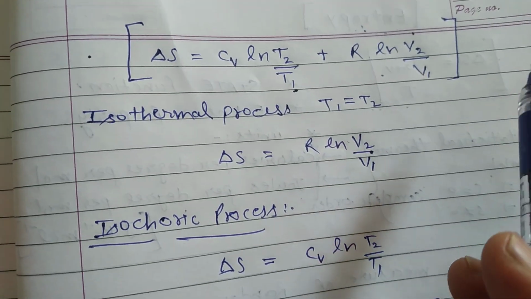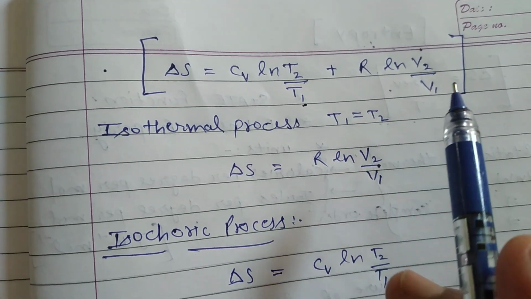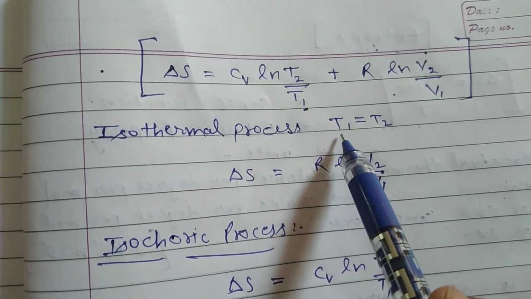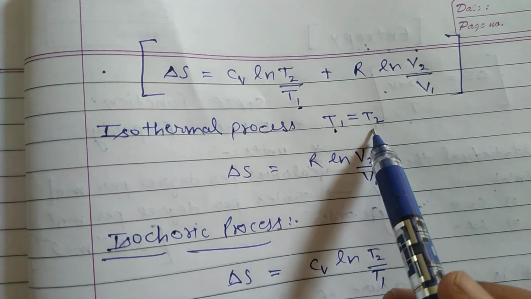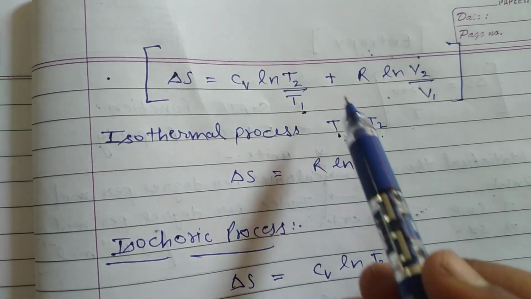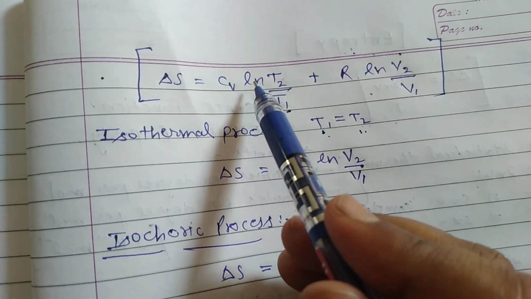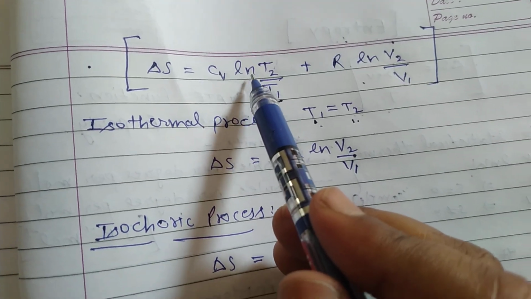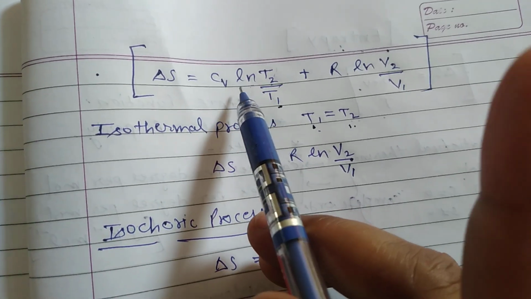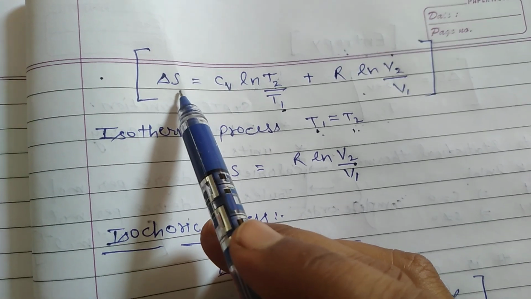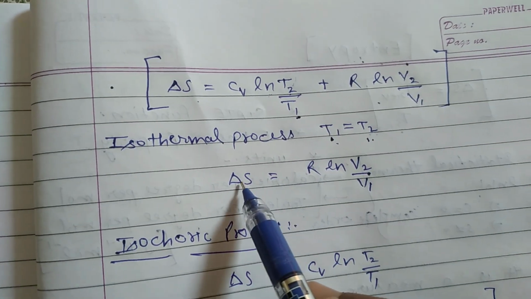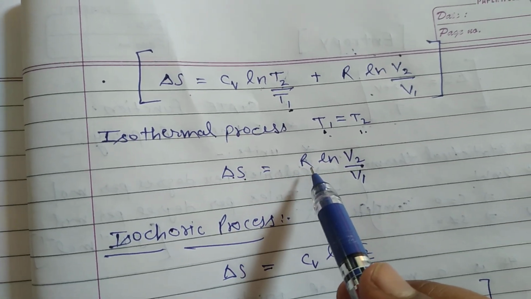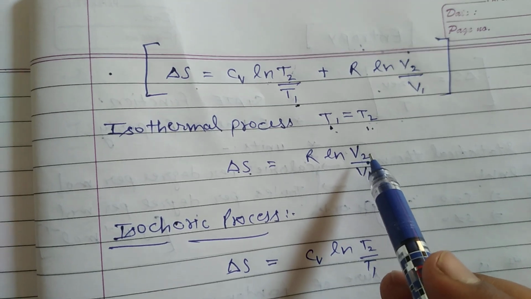Suppose we are making our process isothermal, meaning we are keeping our temperature constant. Then the initial temperature and the final temperature will be equal, and this whole term will become 0, because the ratio will be 1 and the value of ln 1 is 0. So the change in entropy for an isothermal process will be equal to R ln V2 by V1.